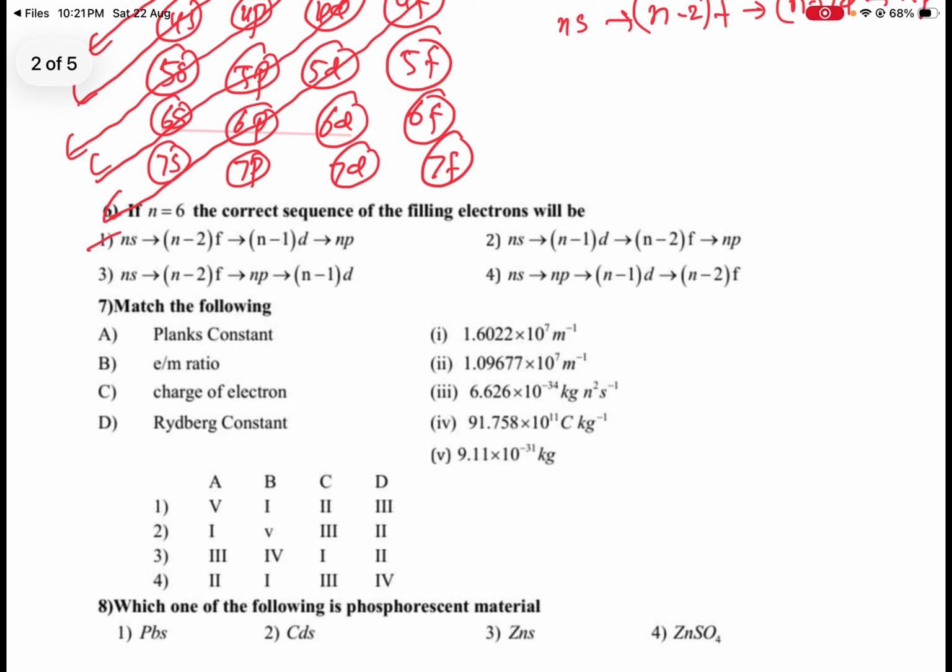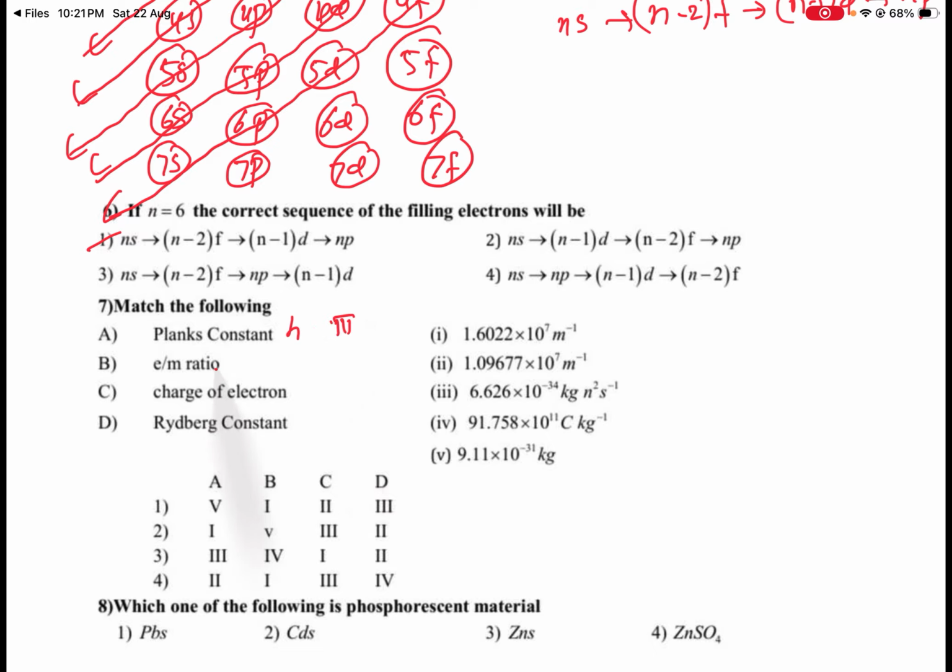Next, seventh one, match the following. Planck's constant is indicated by the symbol h. It is 6.626 into 10 power minus 34. So for Planck's constant, the third one is the correct one. Okay.